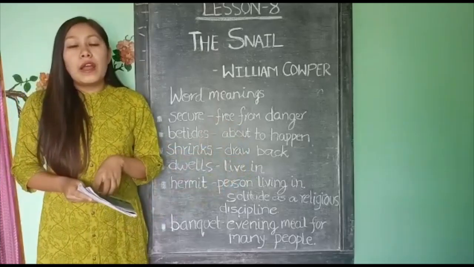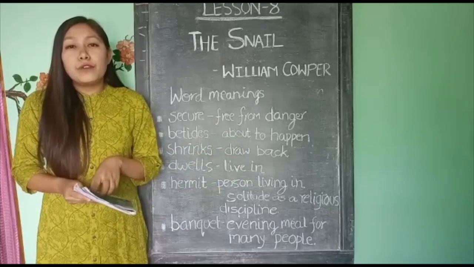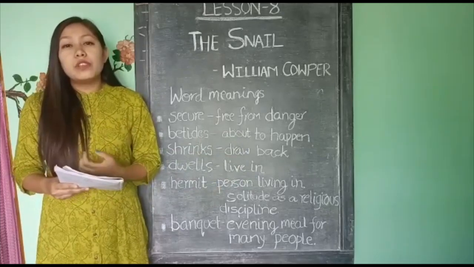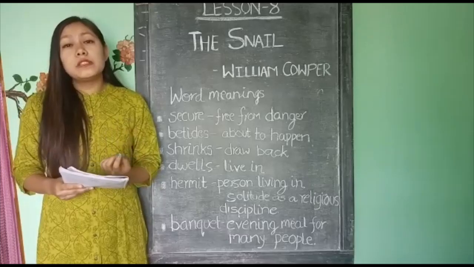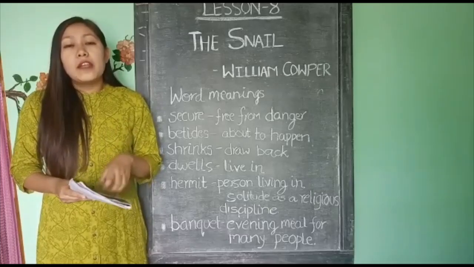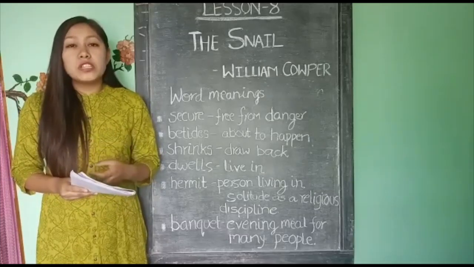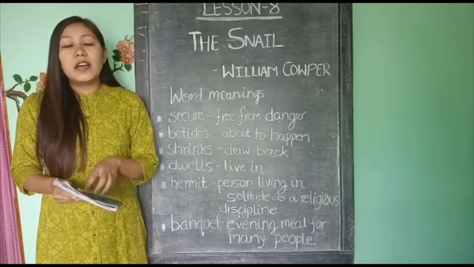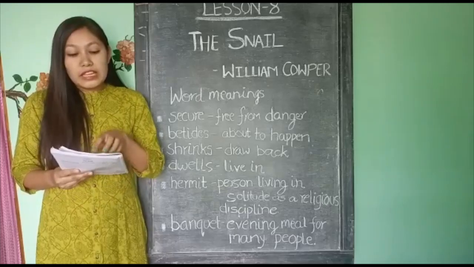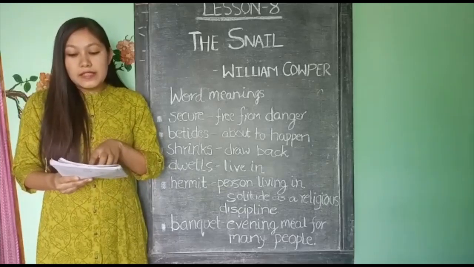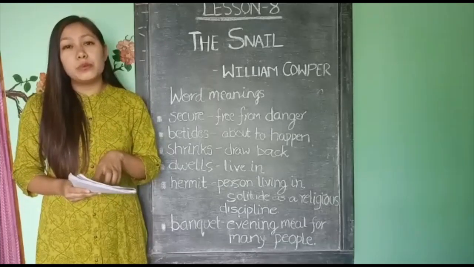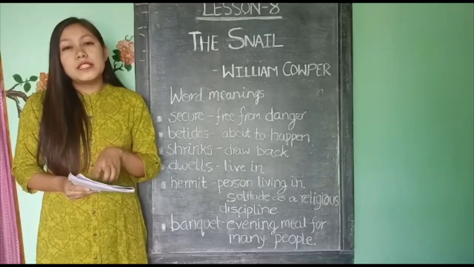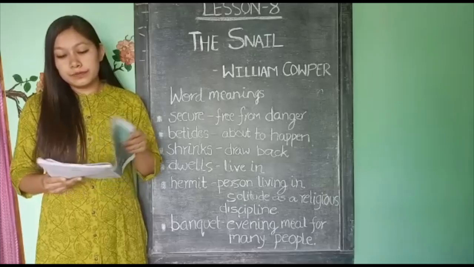He is a loner and he does not need any friends and he has no personal belongings to carry with himself. Here, chattels means personal belongings, and all he has is his body, and he carries his body and his house together, and here he lives a life of solitude, and the snail has been described here with extra sensibility, and he is very much content in his own world.